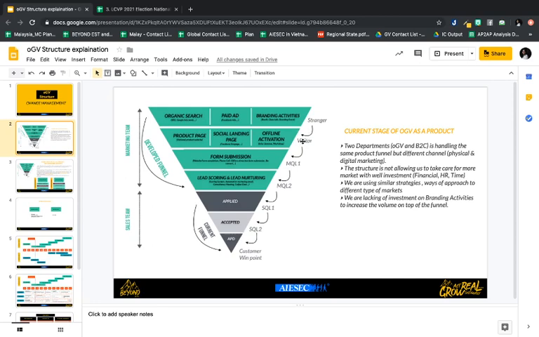And then after becoming a visitor, they go to social landing pages, for example Facebook or website, or our product page, or apply activation, for example information booth, exchange fair and so on.